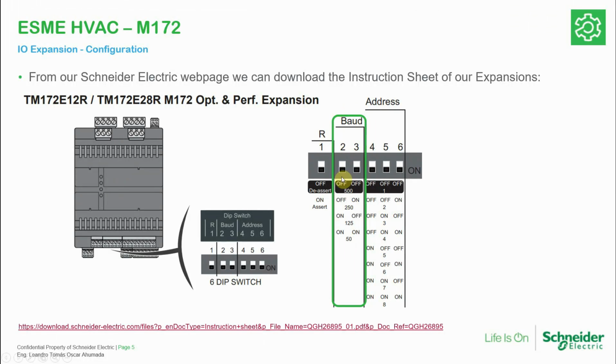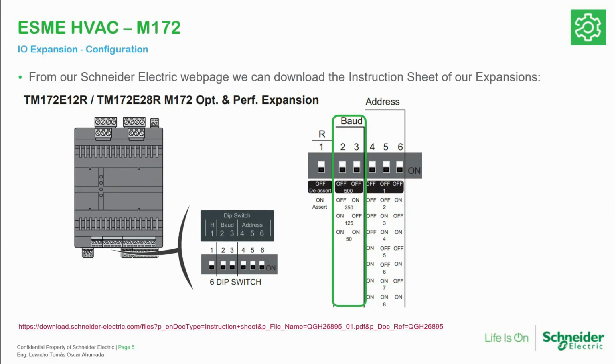So we're gonna select this one, okay. And then the last 3 are for the address. So I'm gonna leave just these 5 switches up, and this one we're gonna see later, the status.